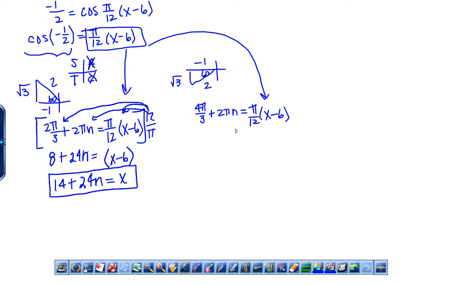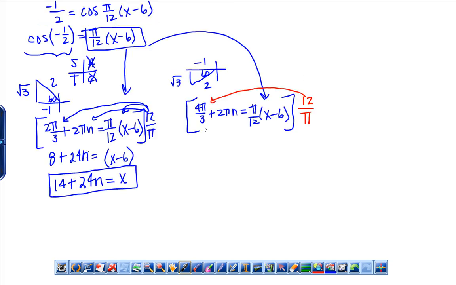Okay, I'm going to do this again over here. Same process. I'm going to multiply first by the 12 over pi. If I multiply it by this first number, I get 16. If I multiply it times this number, I get 24n again.